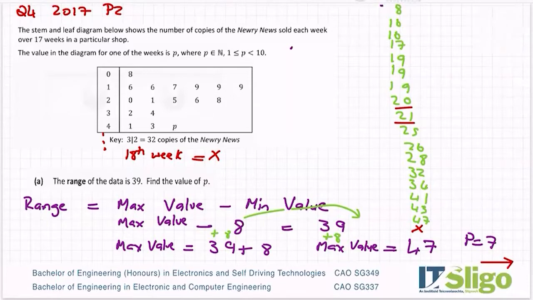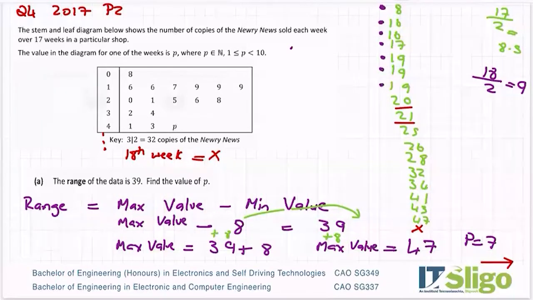Let's divide 18 by 2, and we get 9 or thereabouts. What I'm still going to do is come down 8 values, 1, 2, 3, 4, 5, 6, 7, 8, just like I did when I was getting the median the last time, and come up 8 again. Do you see my X at the bottom is my first one this time? 2, 3, 4, 5, 6, 7, 8.